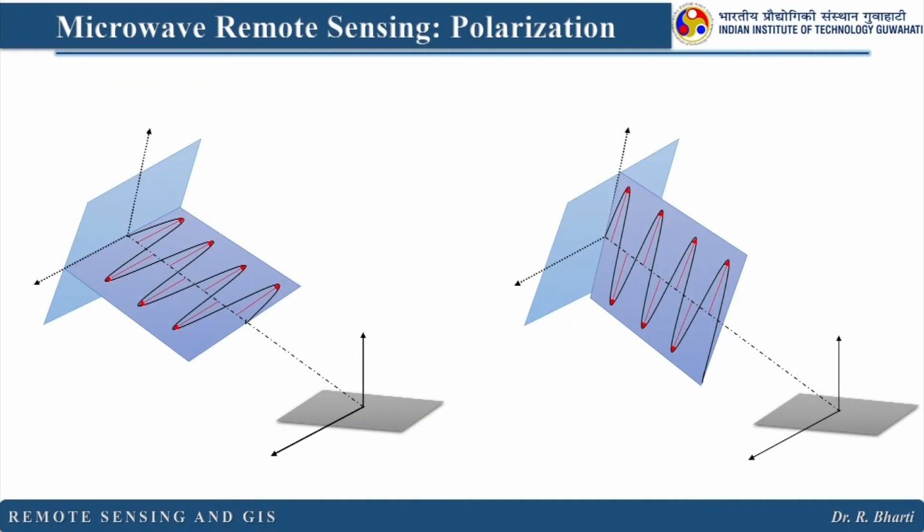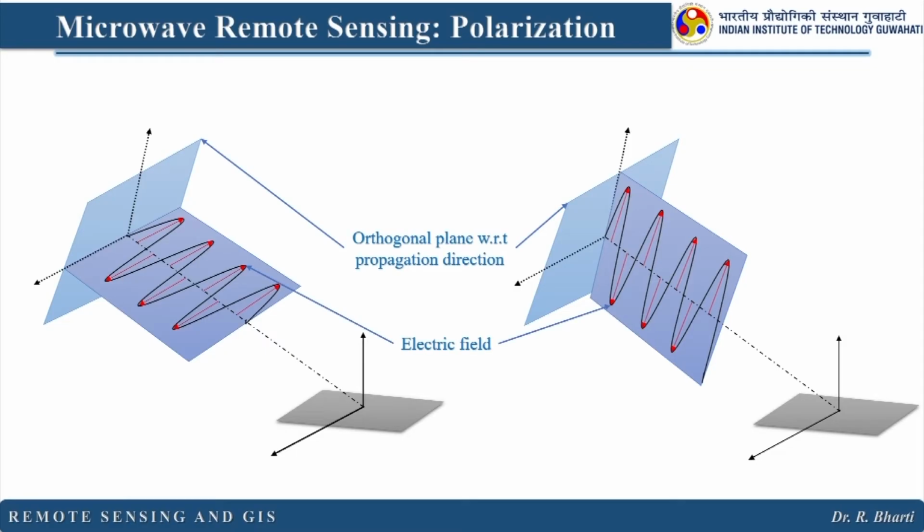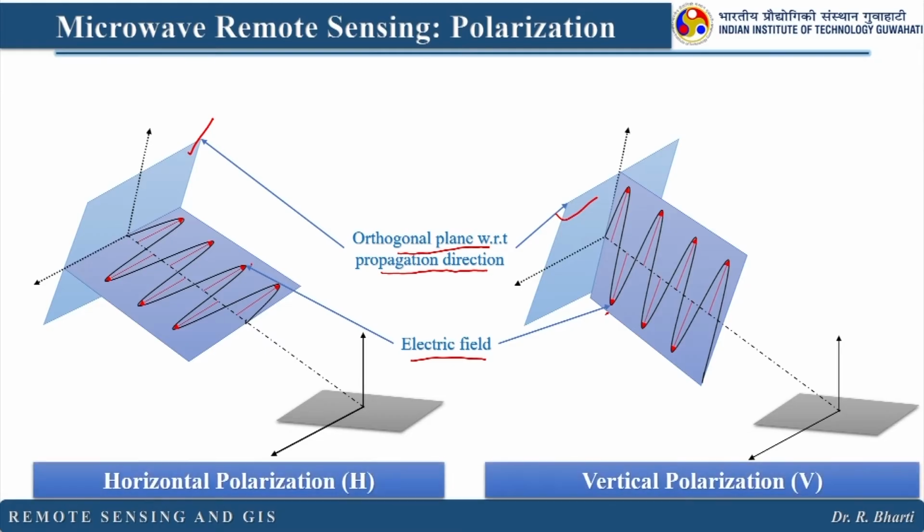Here you can understand how these electric fields have been generated, and this is just for visualization. You can see this plane is orthogonal with respect to the propagation direction. The electric field is here and here, one horizontal, another vertical.